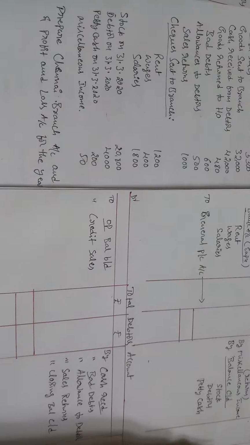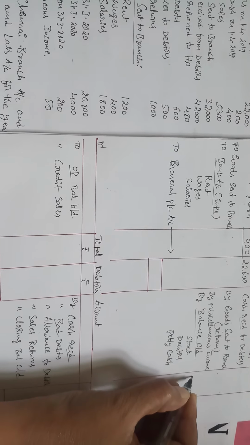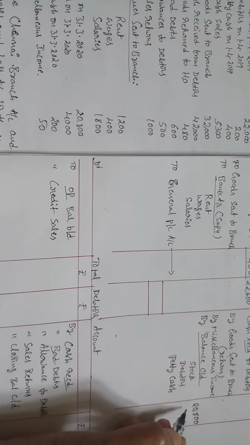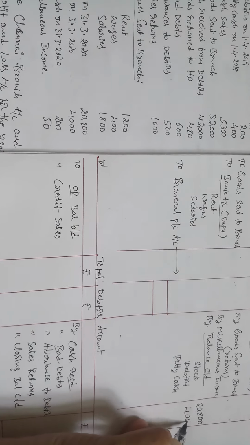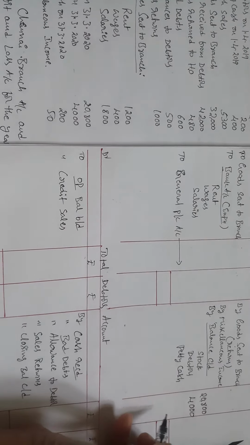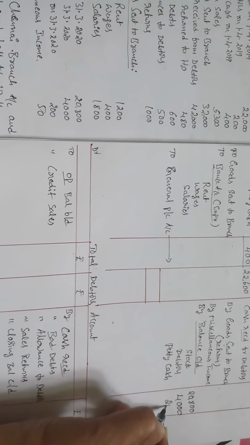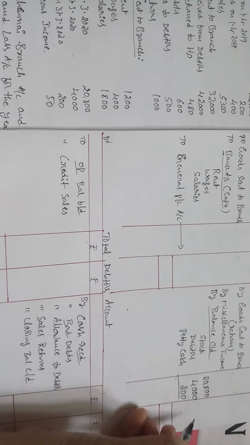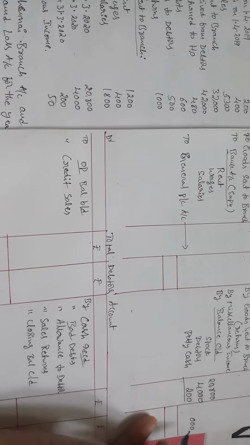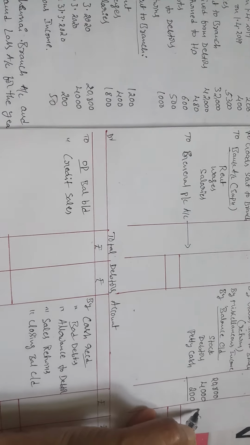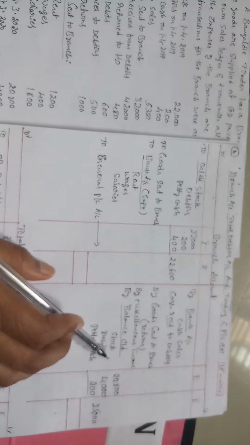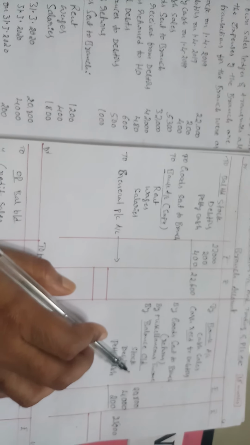Closings: stock 20,800, debtors given 4,000, and petty cash 200. So the total is 25,000 for opening and closing. So clear.